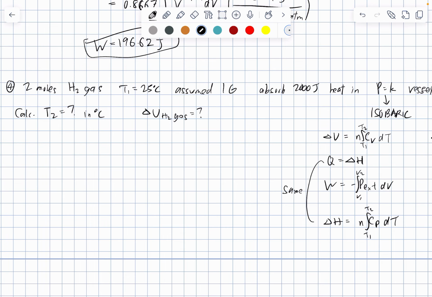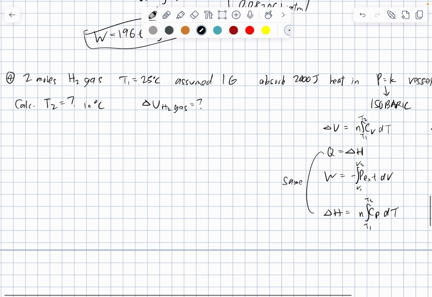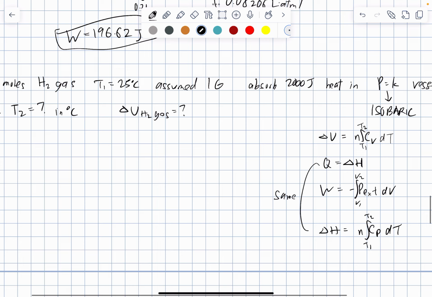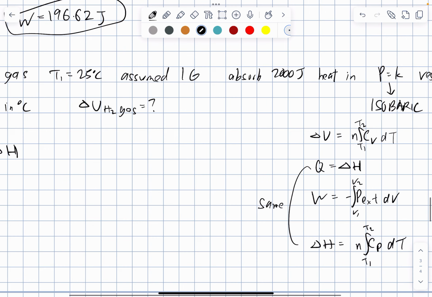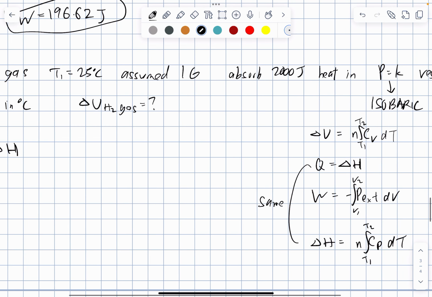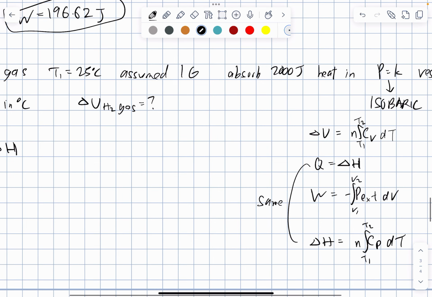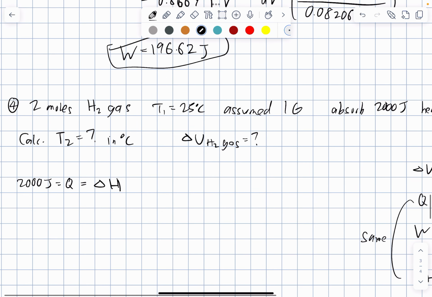I can't really recall right now. I'm not looking at my notes regarding how they are the same, what made them the same. But there's a derivation for that, or an explanation, at least. 2000 joules is Q, no? And it happens to be delta H as well. So apparently they have the same formula, Q and delta H, for isobaric process, nCp dT, no?